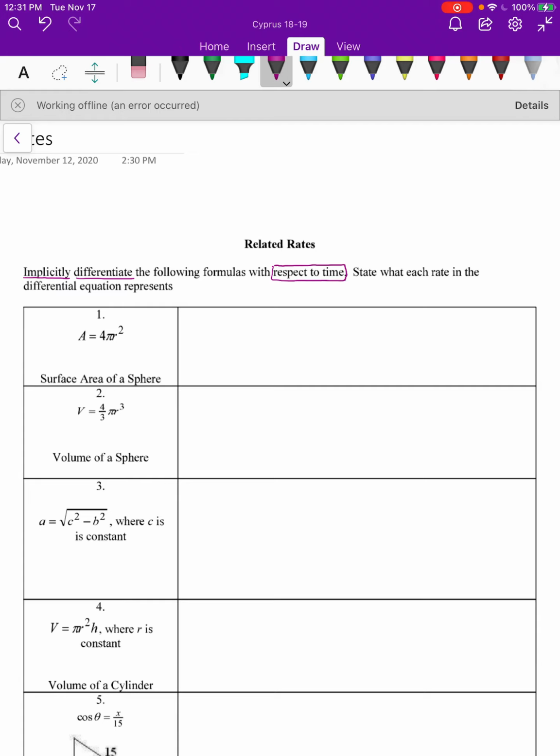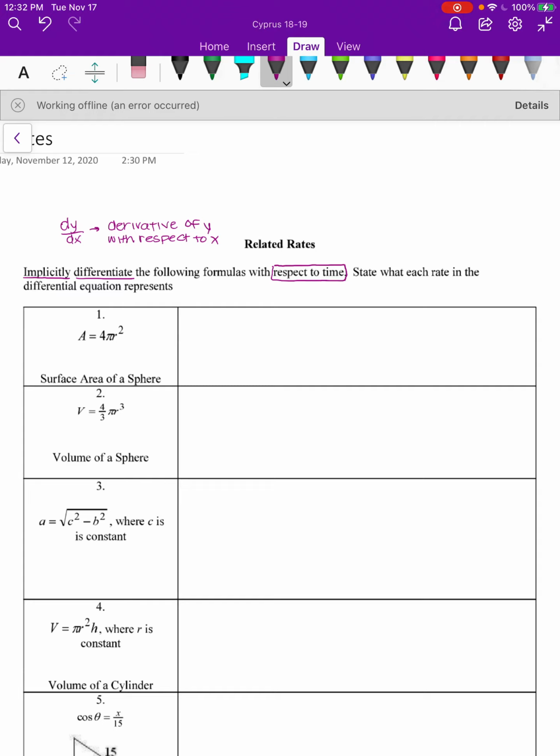Normally when we were doing differentiation with x and y, the notation we used was dy dx. This means the derivative of y with respect to x, which is why we treated y as a chain rule. Y is in terms of x.